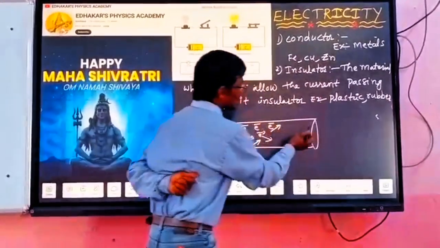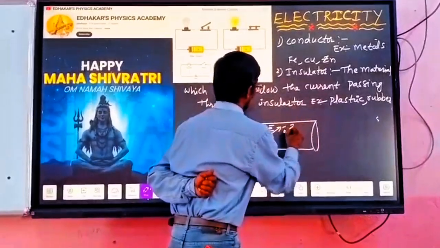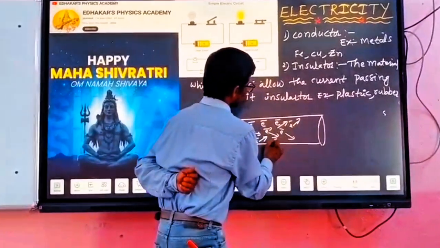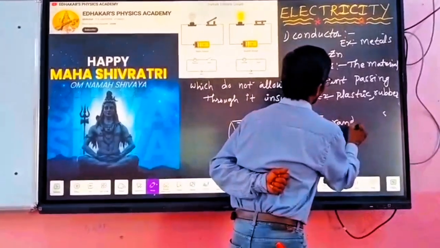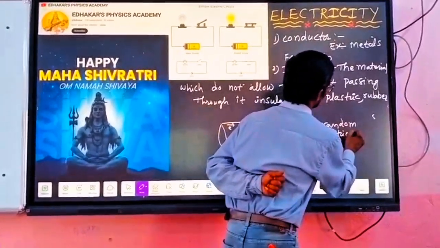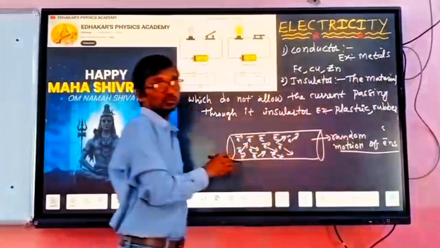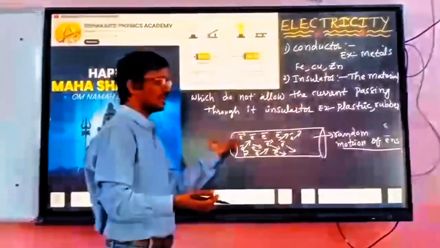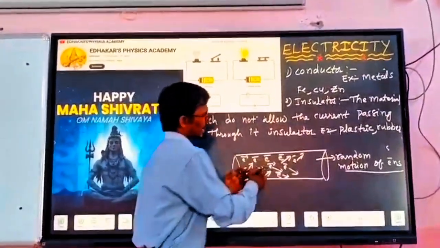Before connecting to the cell, these electrons are randomly moving, in a random zigzag motion.